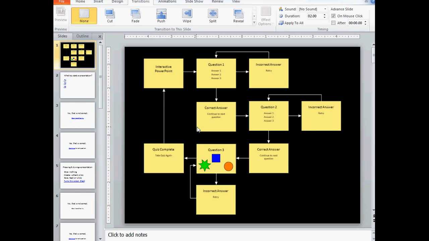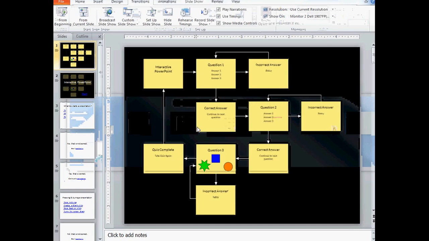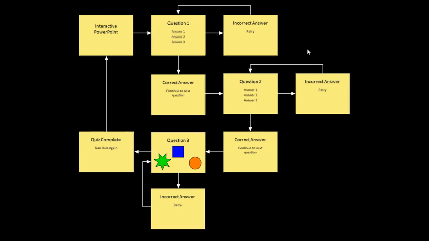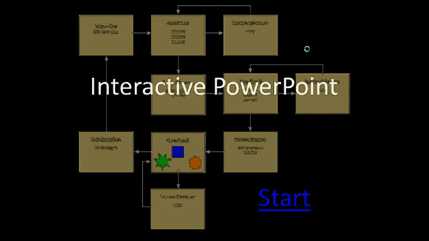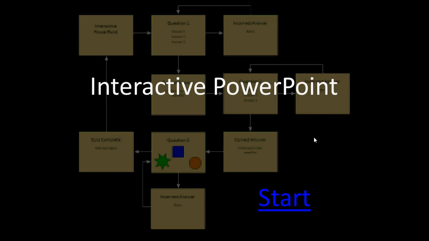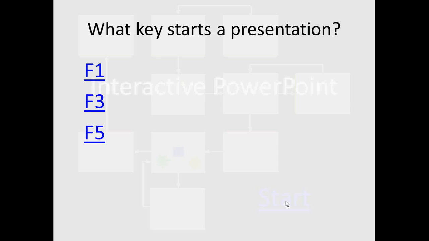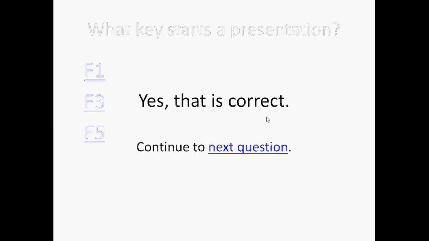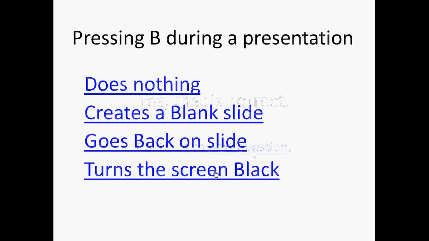I have the whole thing finished. What I did is make that first slide advance to the second slide automatically, and I can't click anywhere except the start. So now clicking on my slide doesn't do anything. When I click the correct answer, it works.